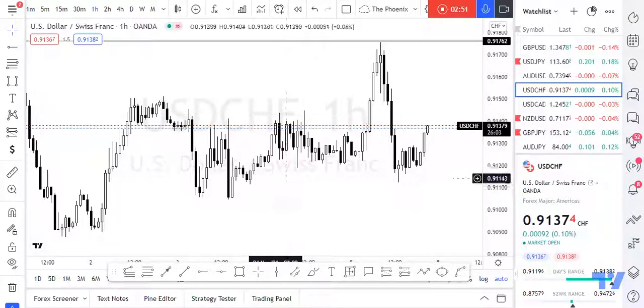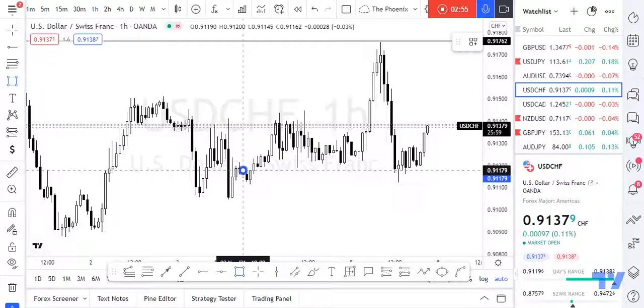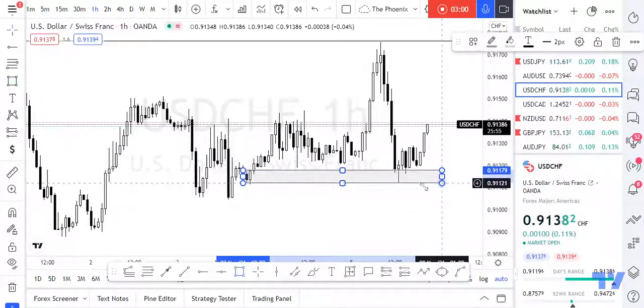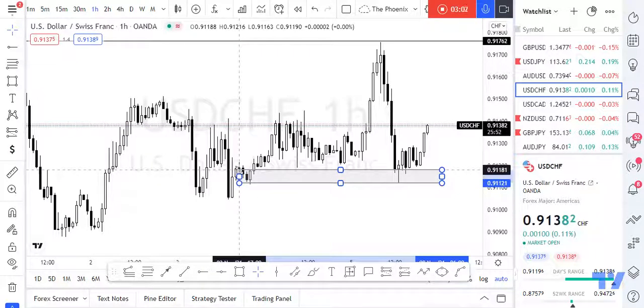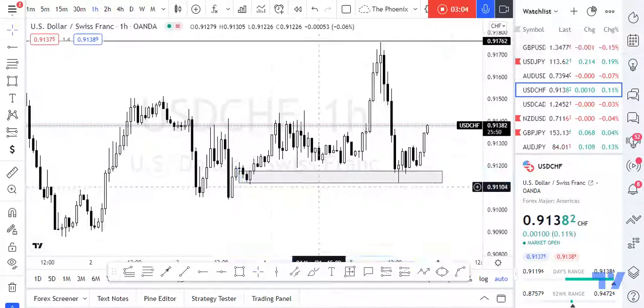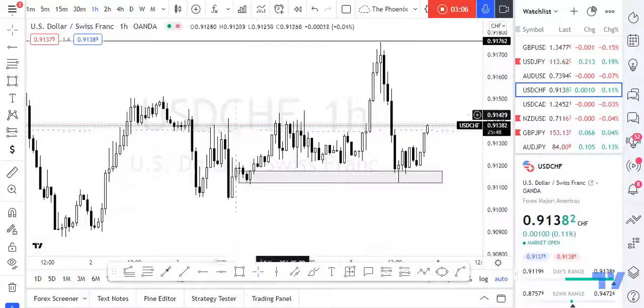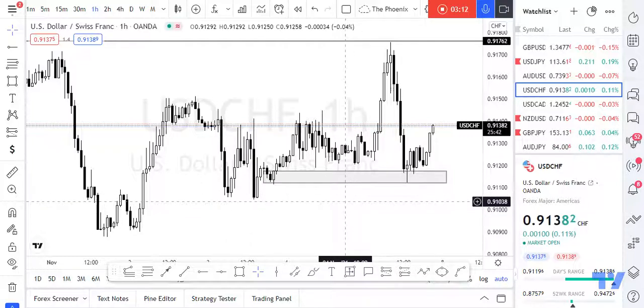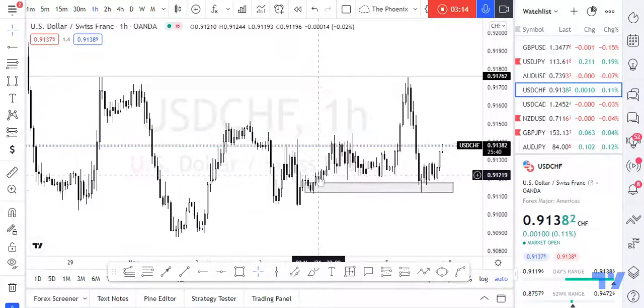Right, here it is. So price would have mitigated this order block right here, right? Exact equal lows again. So we're now thinking then price has to come back at some point again to sweep the lows here for the liquidity that is resting there as well.